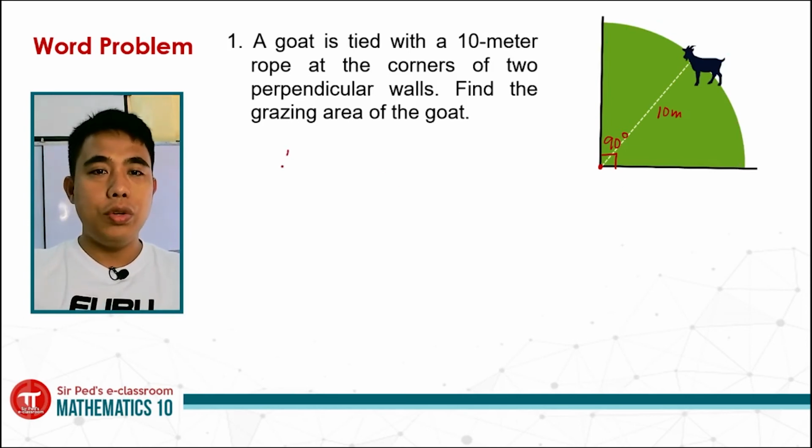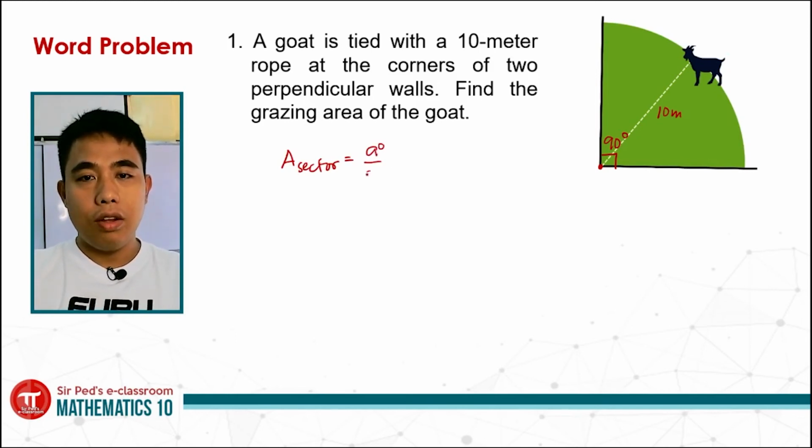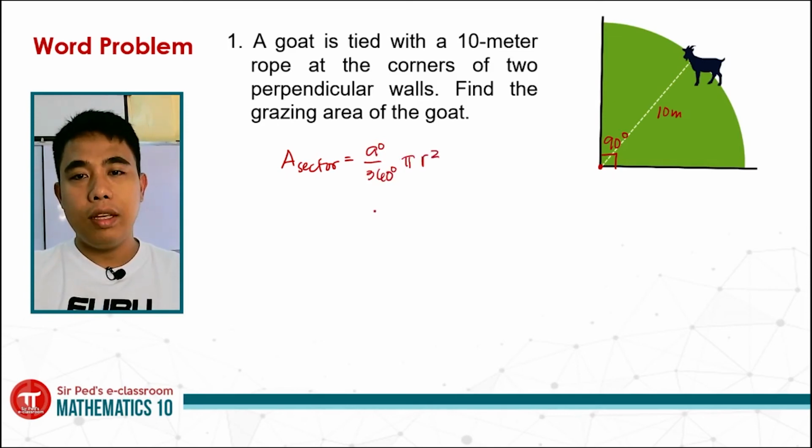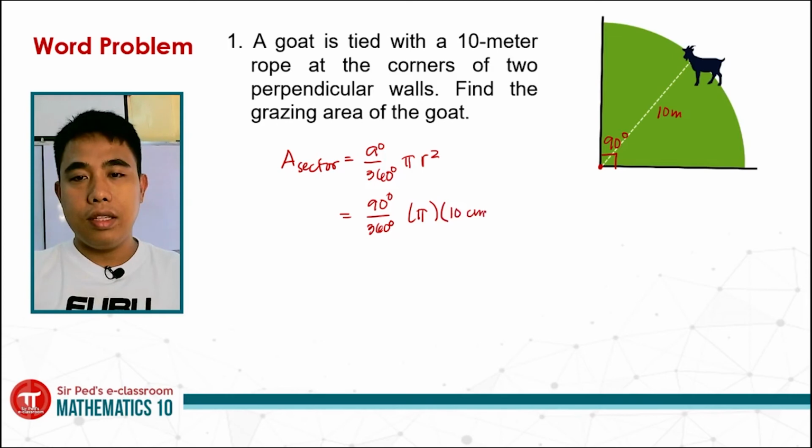And the grazing area is a sector. So we use the formula, area of the sector is equal to A degrees over 360 degrees times pi r squared. So that will be 90 degrees over 360 degrees times pi times r squared, that is 10 meters squared.